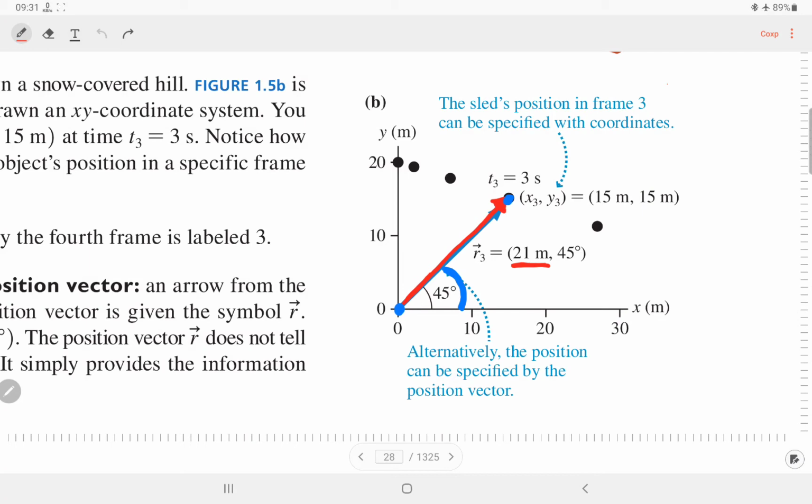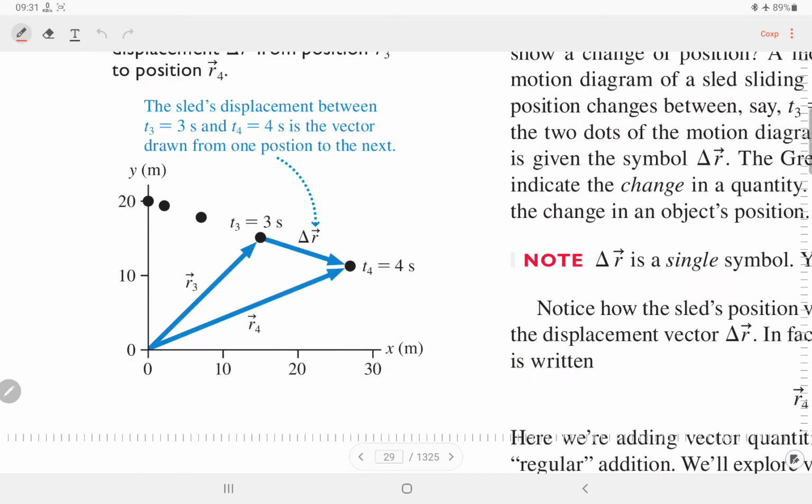This is information about position. Let's call it R3. So R3 is a position at T3 time, this one.